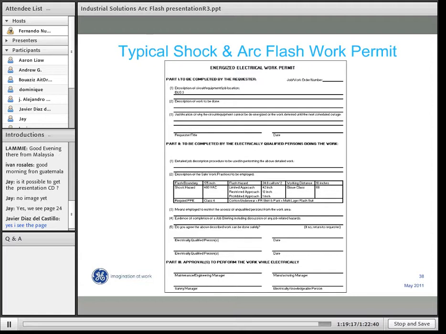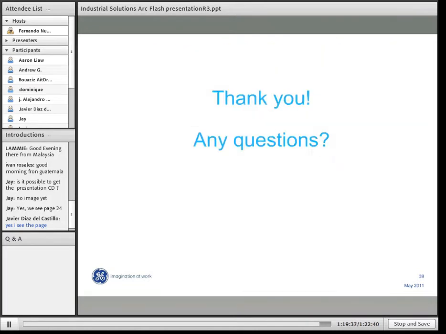You have a date on it because after a while, things change in every plant, and you need to get new labels. And here's a typical work permit, which would be filled out before doing any work. It tells you what work you're going to do and what the expected hazards are, and there's places for appropriate people to sign it.